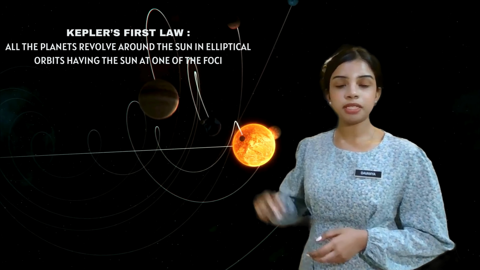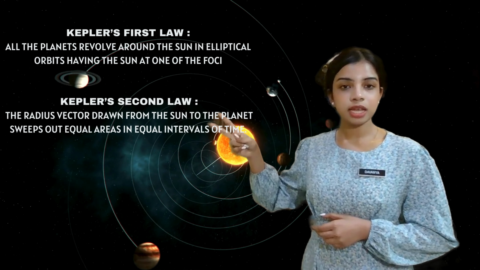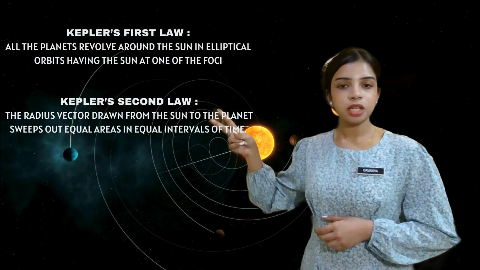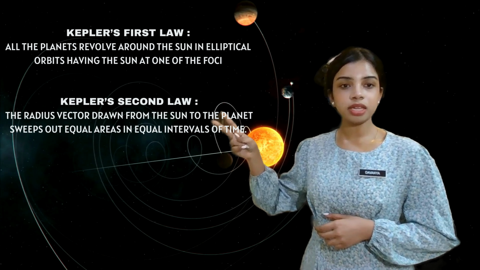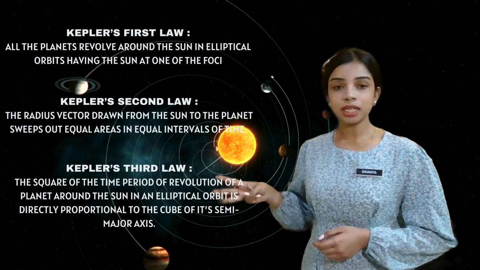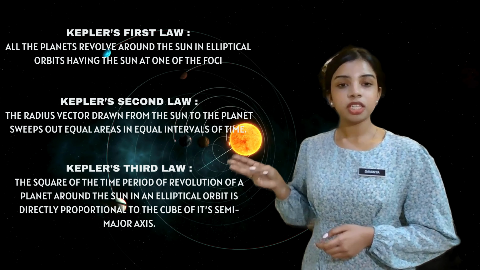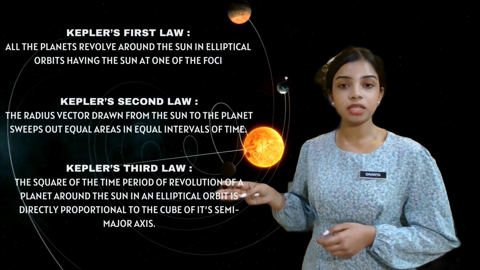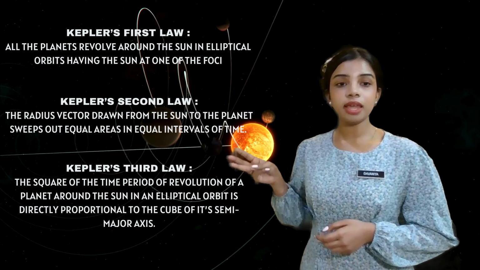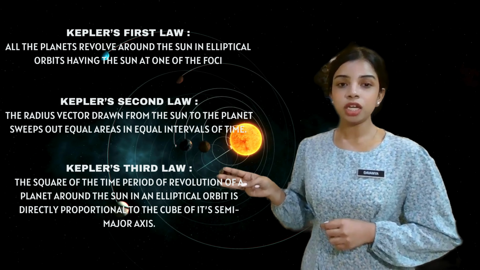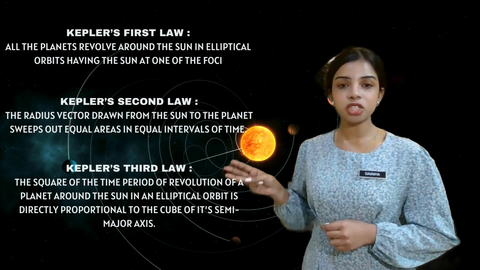Kepler's second law states the radius vector drawn from the Sun to the planet sweeps out equal areas in equal intervals of time. Kepler's third law states that the square of the time period of revolution of a planet around the Sun in an elliptical orbit is directly proportional to the cube of its semi-major axis.